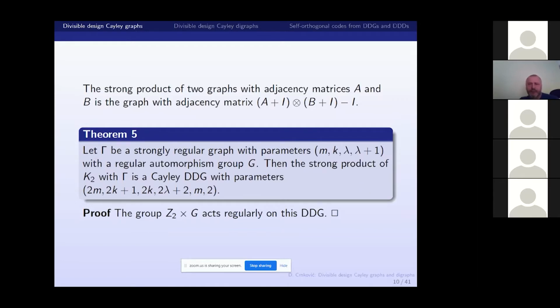Also, one theorem comes from a construction in the paper by Hadi and Willem. The strong product of two graphs with adjacency matrices A and B is the graph with adjacency matrix: the canonical product of A plus identity matrix and B plus identity matrix, and then we subtract the identity matrix from that canonical product.